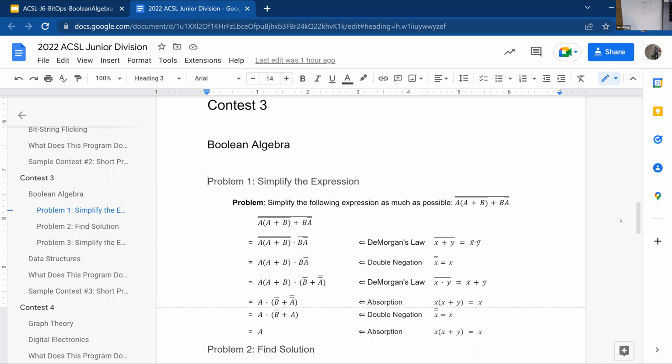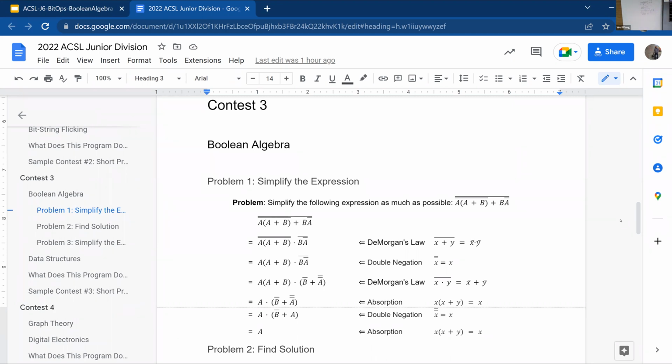And then we use the double negation law. Double not X equals X, because not X is basically flipping it over, and if you do negation again, the result is X. That should be easy to understand.